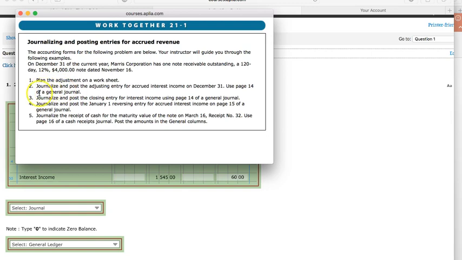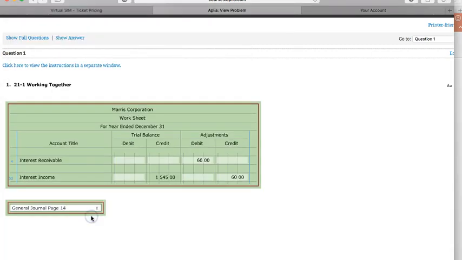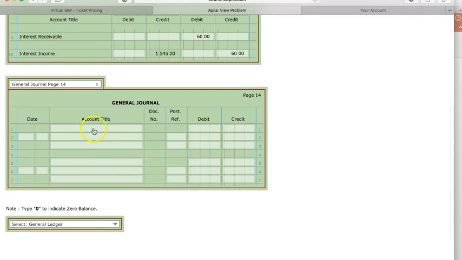Okay, number 2 says to journalize and post the adjusting entry for accrued interest income on December 31st. Use page 14 of a general journal. So we're journalizing in the general journal, and we're also going to post these adjusting entries. So we'll open this up, and we're putting in our adjusting entries.